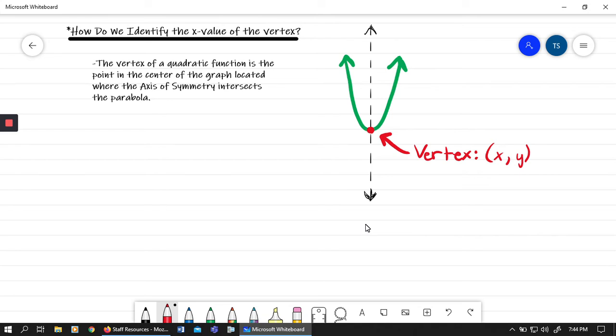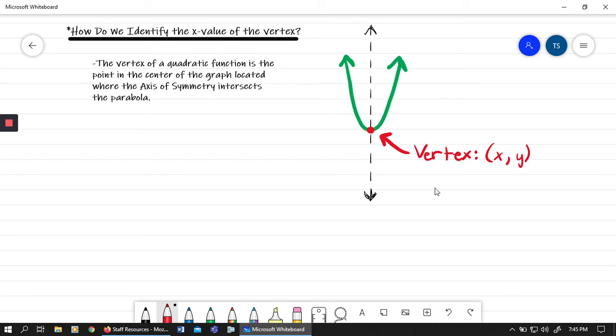So again, as you see here, we've got a parabola and an axis of symmetry, just like what we did before. You can see the exact place where that axis of symmetry intersects with this parabola. That particular point is what we refer to as the vertex of a parabola.